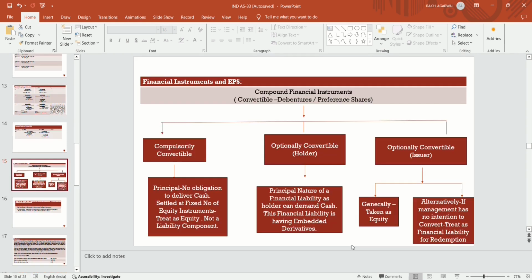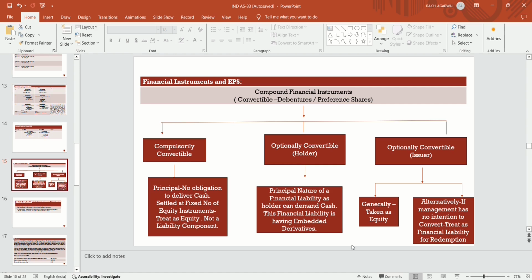Now we will discuss the concept related to financial instruments and how to calculate EPS in case of financial instruments. Before going further, let us understand what a compound instrument is. It is just a concept related to compound financial instruments, because there is a separate Ind AS for that: Ind AS 109, Ind AS 107, Ind AS 32 for financial instruments. We have already discussed these standards.